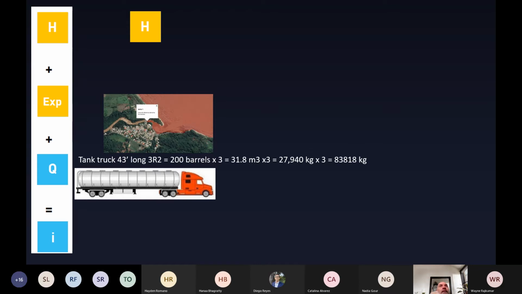So in the transportation tables, I can easily see the maximum storage that these trucks can carry. It says that it's 200 barrels, and the problem says that three of the trucks were involved in the car accident. 200 barrels are 31.8 cubic meters, which is each one of the trucks.